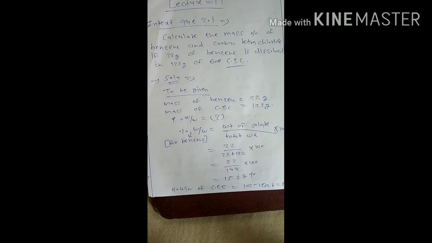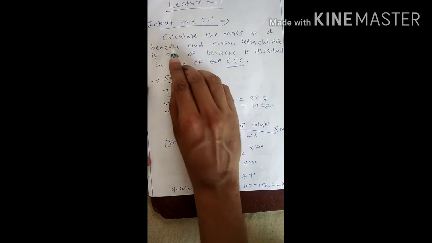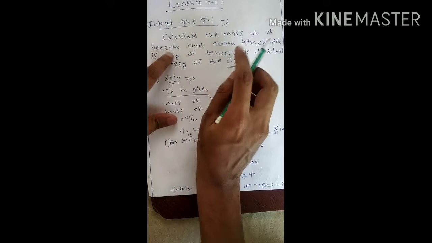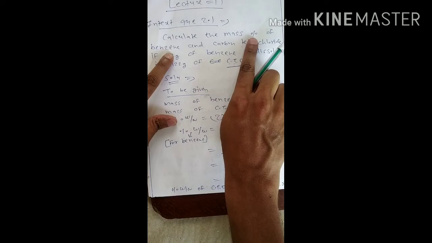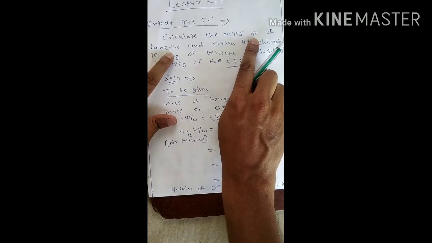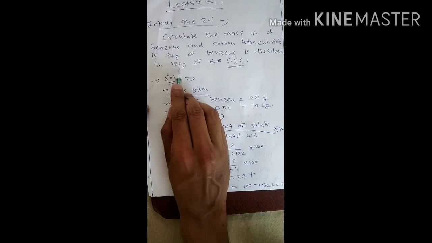Okay, so what you have to calculate here, calculate the mass percentage of benzene and carbon tetrachloride. Both of their mass percentage is to be calculated, not any one compound, and the weights of both are given.